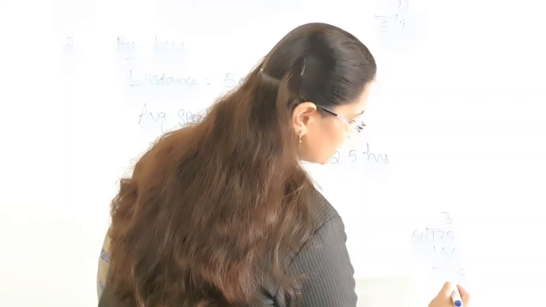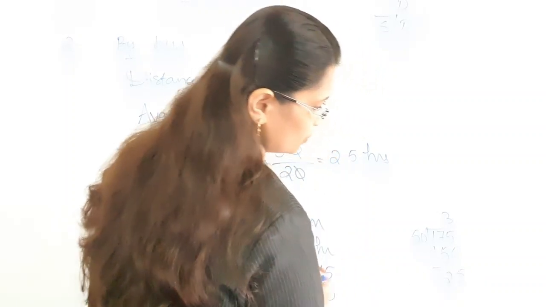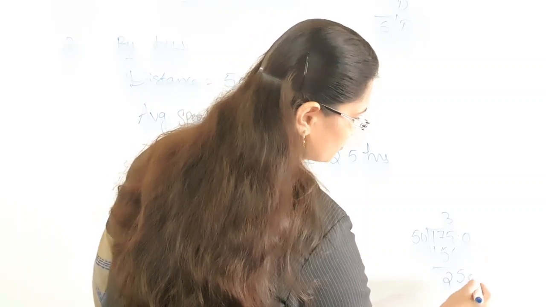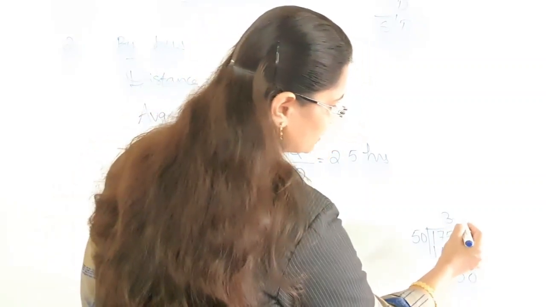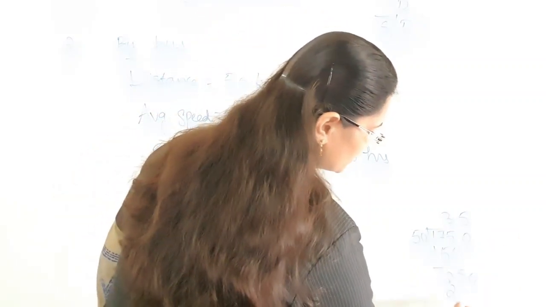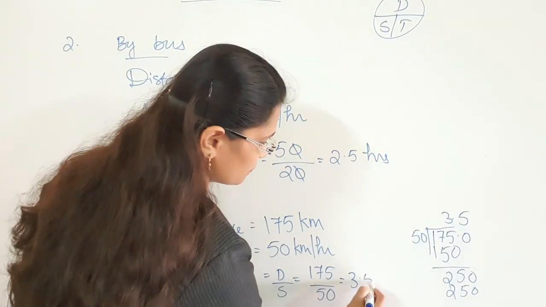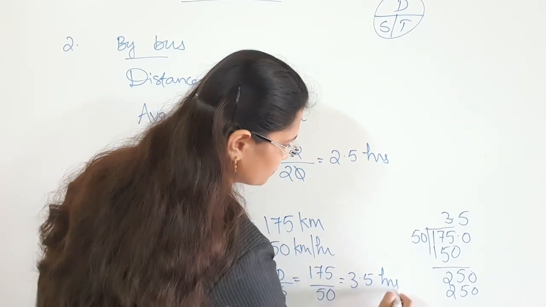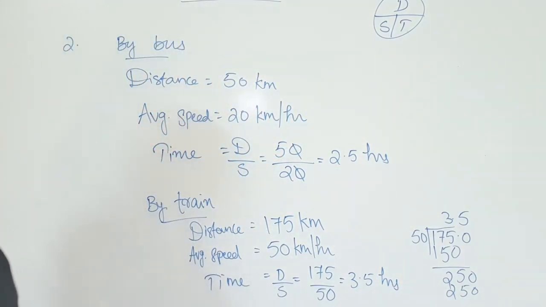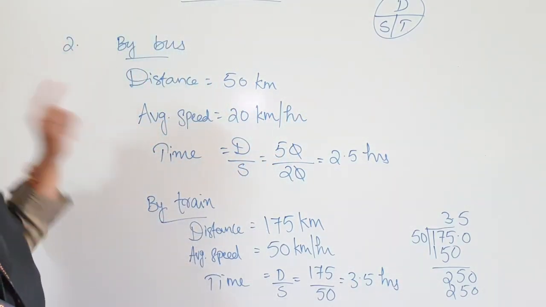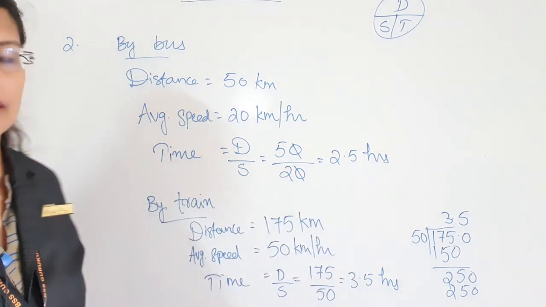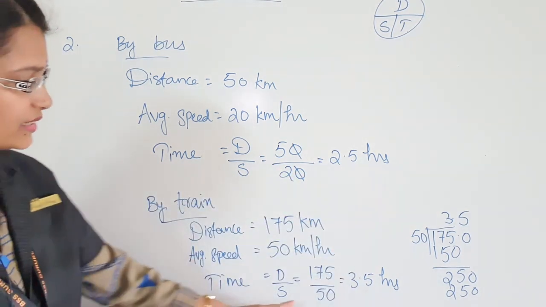Then 7 minus 5, 2. Then 5 5s are 25. So 3.5 hours. Okay. So by bus she has to travel 2.5 hours and by train she has to travel 3.5 hours.